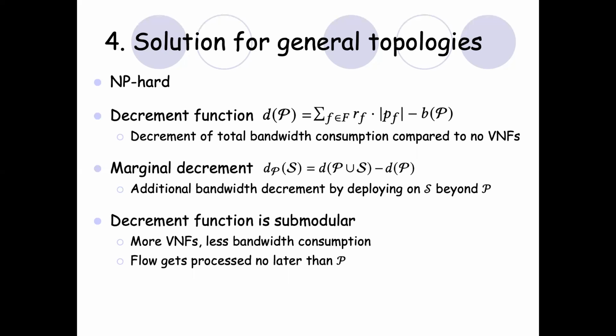Next, we proved the decrement function is submodular. The insight of the proof is that it's intuitive that the more middleboxes are placed, the less bandwidth consumption there is, since each flow can be processed no later than in the previous placement P. Thus, the decrement function is non-decreasing and monotone.